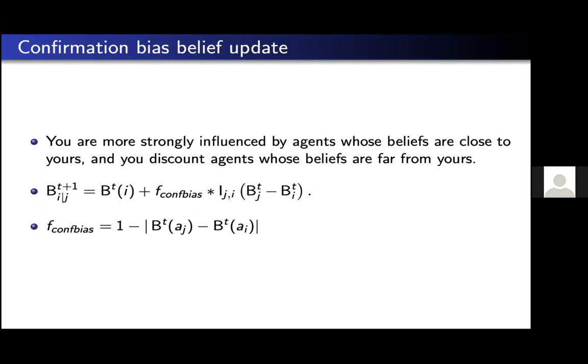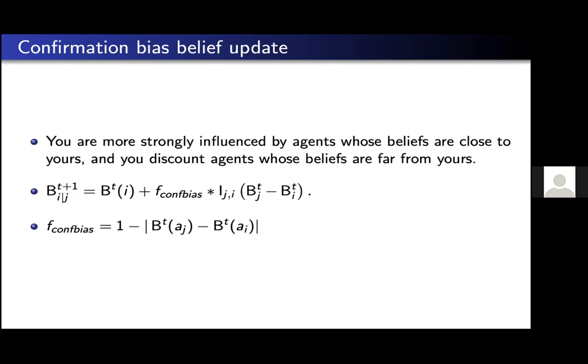The confirmation bias is similar, but you have to give more influence to the people that are like you, people that have a similar opinion to yours, and discount agents whose beliefs are far from yours, which is basically what most people do. If these people don't think what I think, I basically reject them and do not even consider updating my beliefs to get close to that.